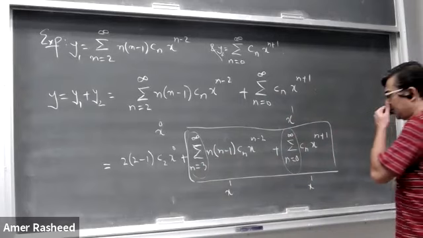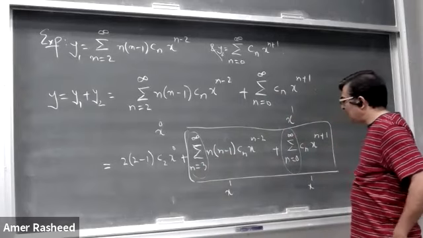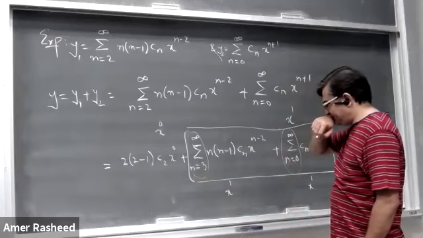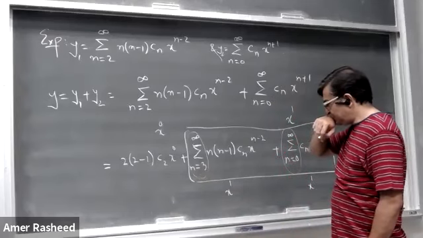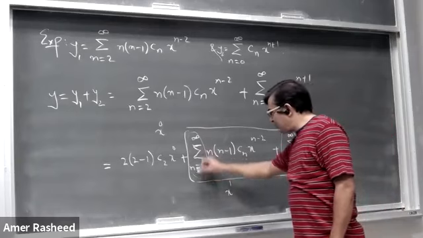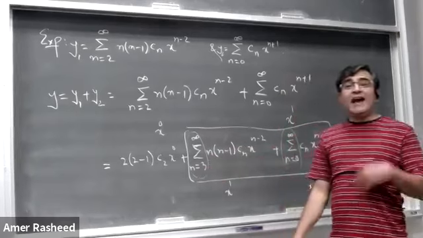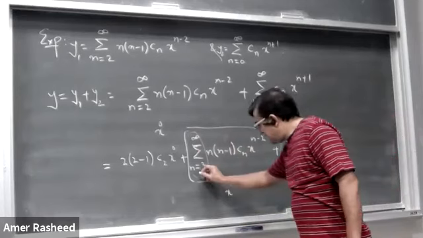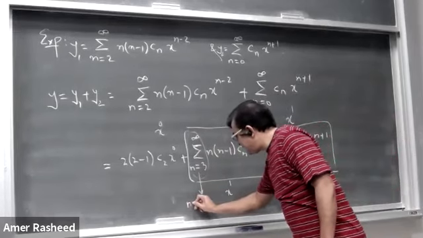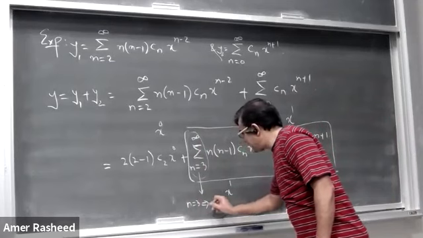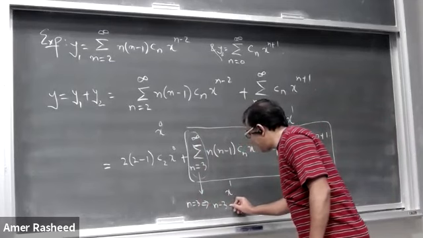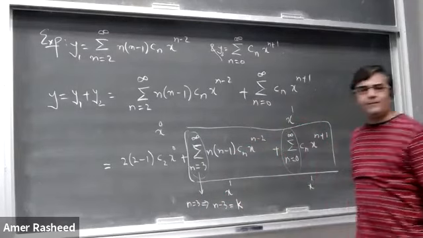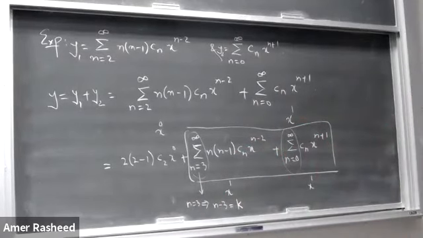For this, we are going to change the index now. How do we change it? We write n is equal to 3, which implies n minus 3 is equal to some other index k maybe.